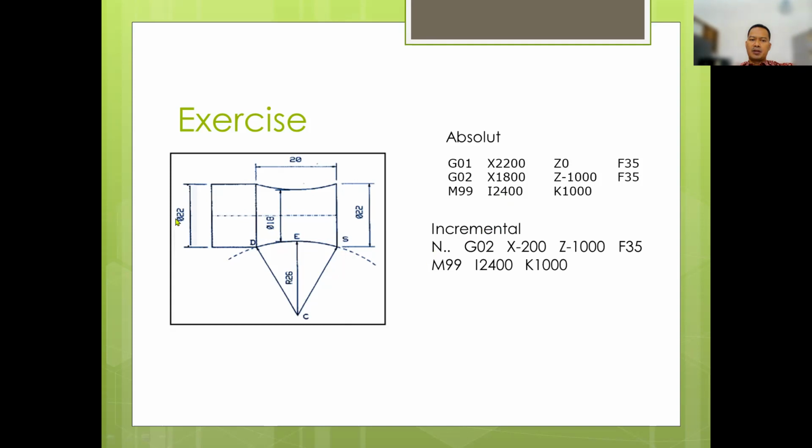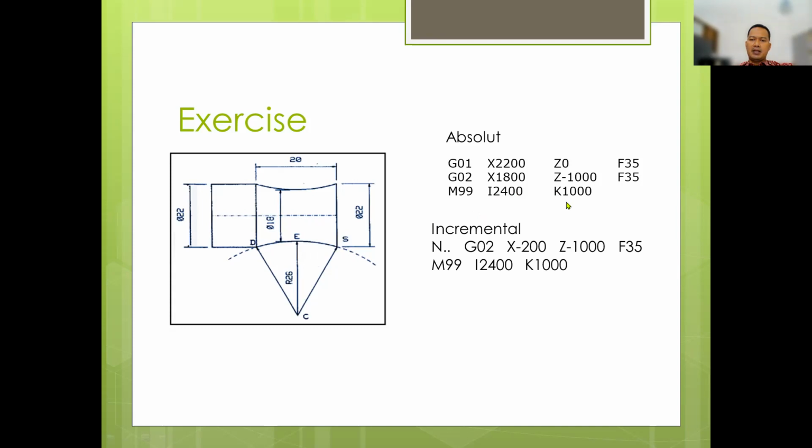So from 22 minus 18 is 4 divided by 2. So we find 2 millimeters here. Therefore, the radius 26 is minus 2. We get 24 in diameter.